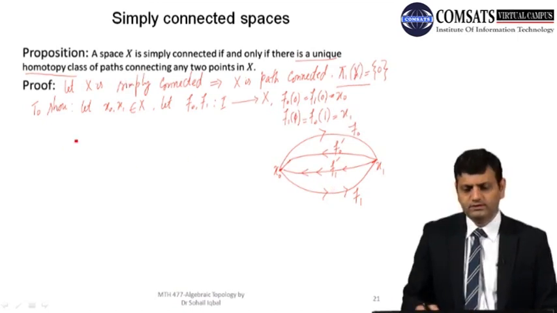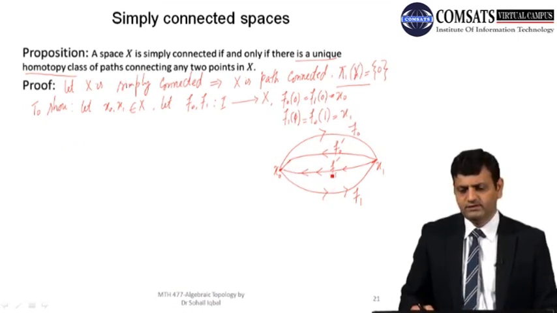Now if we consider this f1, starting from this point, following this f1 and then following this f1 inverse, it's a loop at x0, and we know that it's a simply connected space, so the fundamental group at every point is trivial.